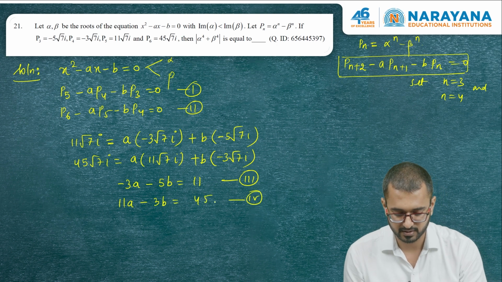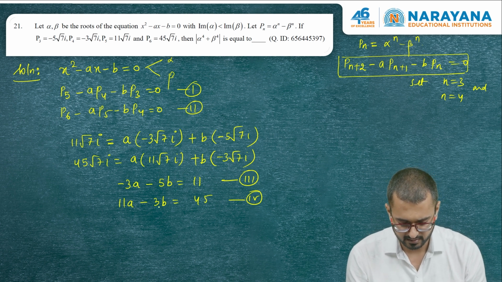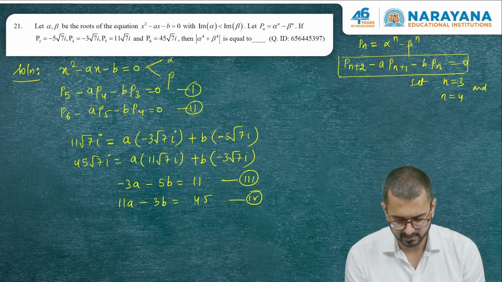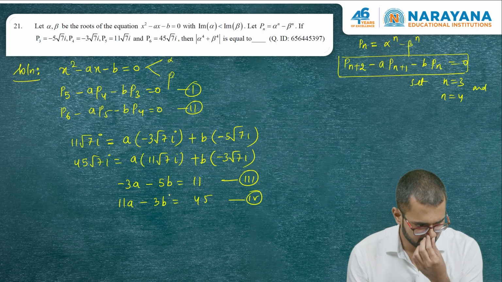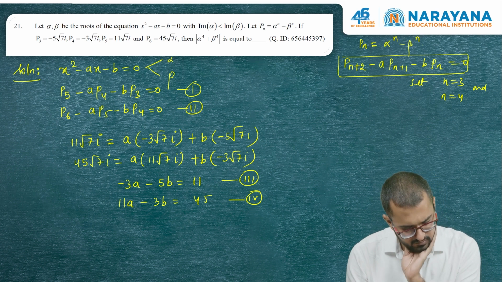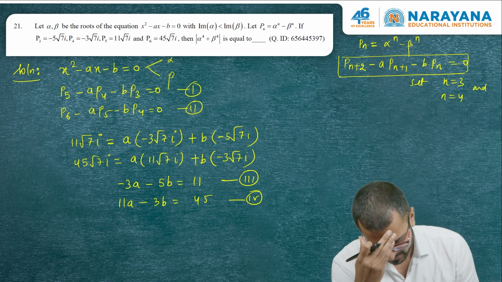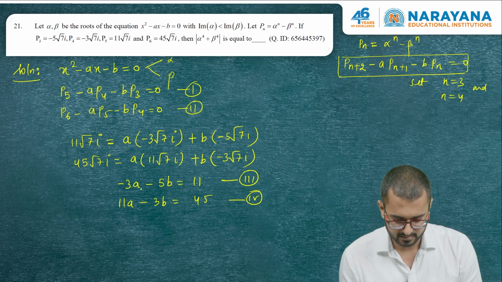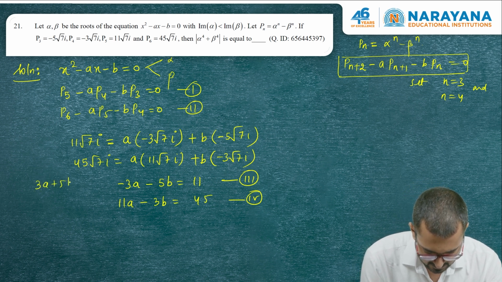Now we have to solve these two equations. 11a minus 3b is equal to 45, and minus 3a minus 5b is 11. So solving these two, 11a minus 3b is 45. Okay, let's do some lazy approach again. Let me write down 3a plus 5b is equal to minus 11.